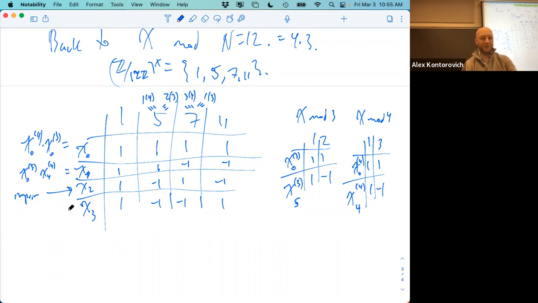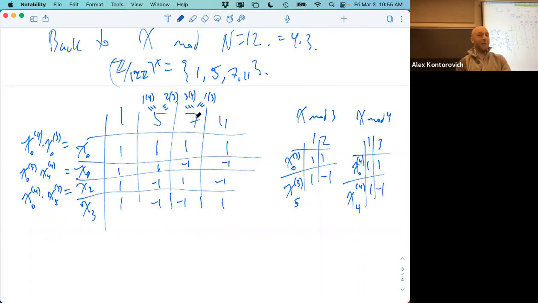So this guy that I said was imprimitive, it's true, he is imprimitive because he's the trivial character mod 4 times the non-trivial character mod 3. We're left no choice. If I look at the value, whatever 5 is mod 4, it's not going to contribute, because a mod 4 character is always 1 on numbers that are 1 mod 4.